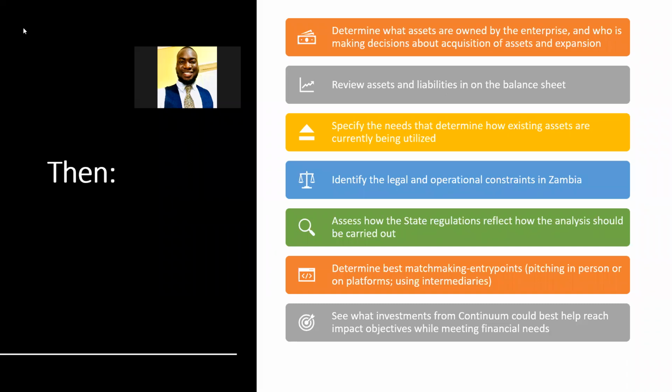And at the same time, we look at some of the intermediaries that can help in determining the best matchmaking entry points. And then under this stage, we also see what investments from the continuum can best help reach the identified impact objectives while meeting the financial needs of a particular enterprise. Over to the next slide.